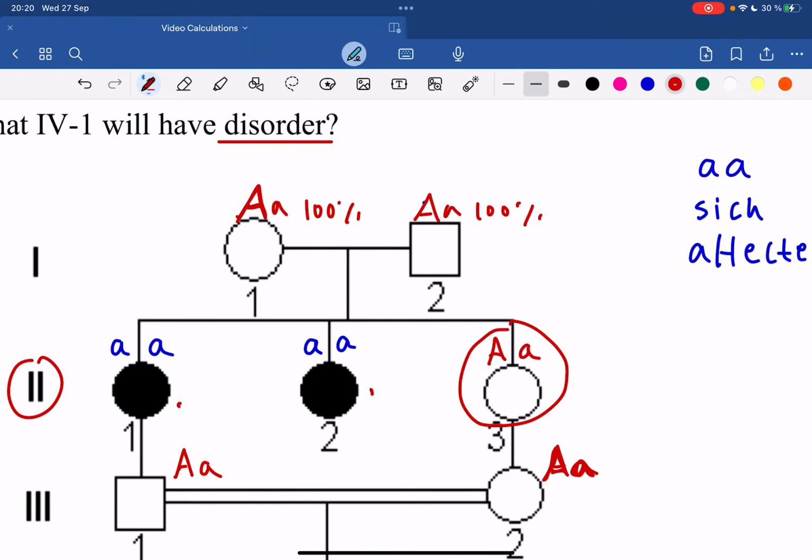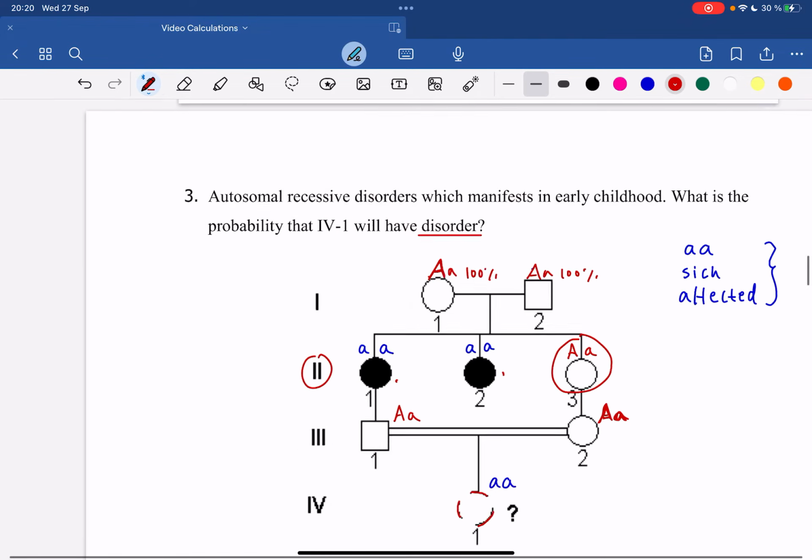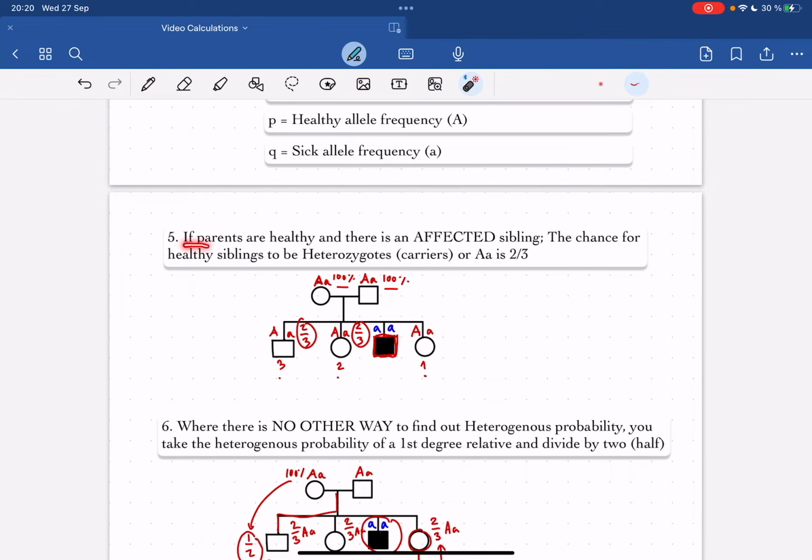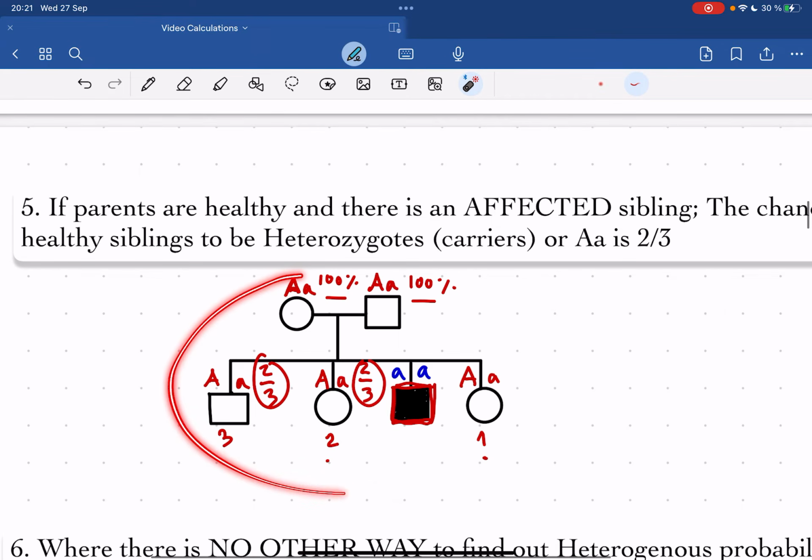So this sister is part of one of the rules again. So let's scroll up. If parents are healthy and there is an affected sibling, the chance for a healthy sibling to be heterozygotes or carriers is 2 out of 3. Why? Just please look at my explanation why, okay?